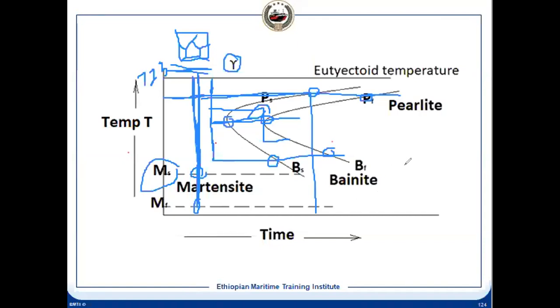So we'll see when we do the hardening, what you have understood, what is hardening, what is annealing or normalizing. Some of you have done the hardening, some of you have done the normalizing, some of you have done the annealing. But in copper, it is there in the non-ferrous metal. That time we'll discuss what actually you have done and why you have done.